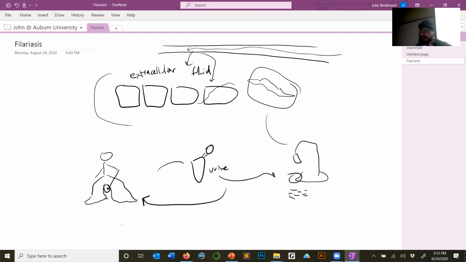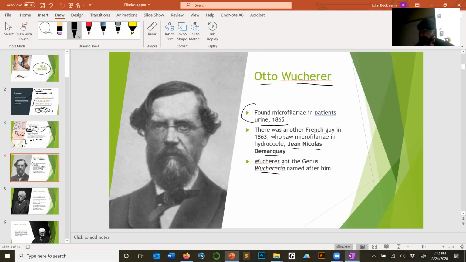So this French person used kind of the same strategy and saw worms in the hydrocele. But Wucherer, am I saying that? Wucherer is the person who gets credit. But perhaps there were multiple discoveries of these microfilaria in humans. The point you want to remember that Wucherer accomplished is that he saw these in humans.